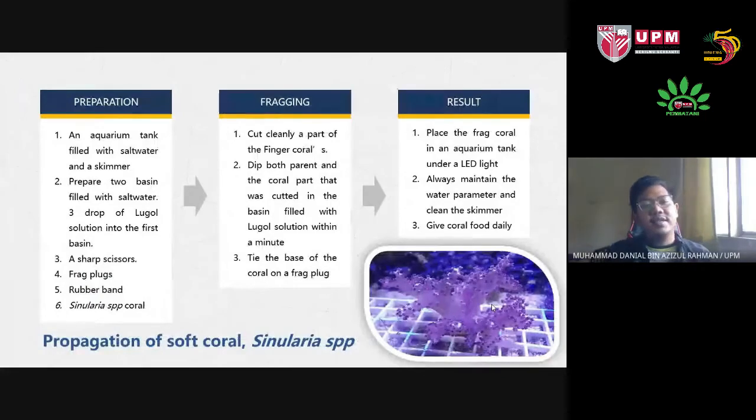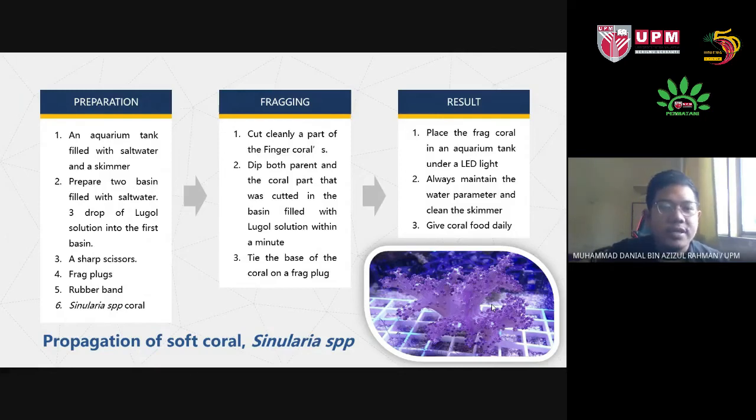As you can see, this is the propagation of soft coral, the Sinularia species. On the right side, you can see what we call ladder corals, a Sinularia species. Like I said before, we prepare an aquarium tank filled with salt water and a skimmer to filter the water.